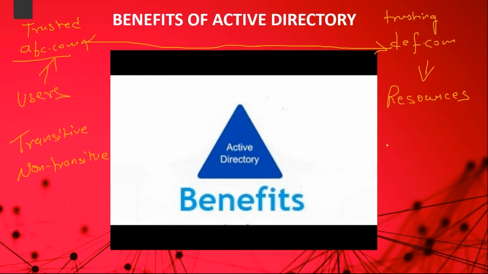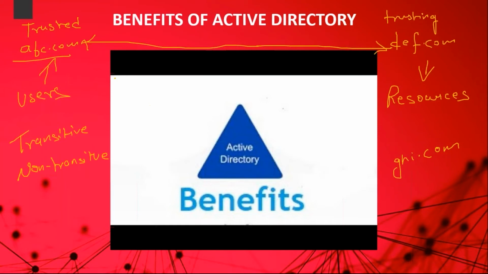It simply means if there is domain A, abc.com, domain B, def.com, and domain C, ghi.com, that's the thing.